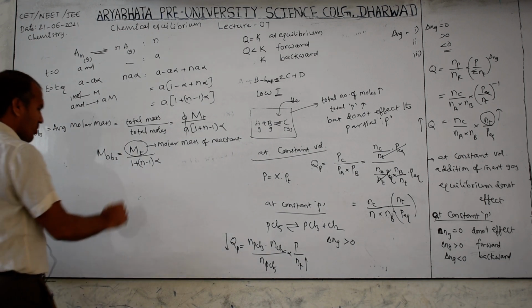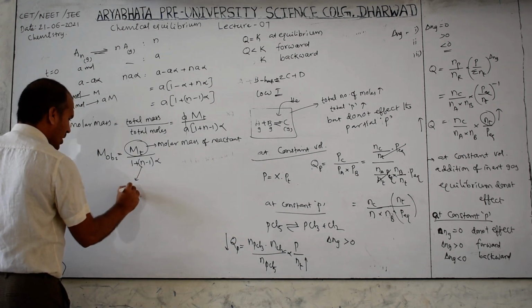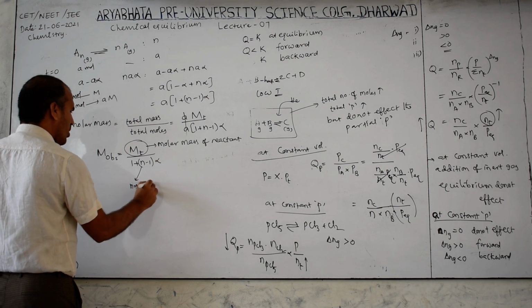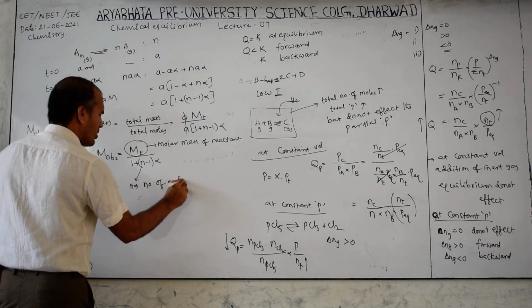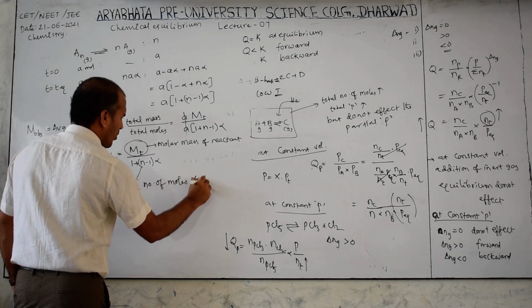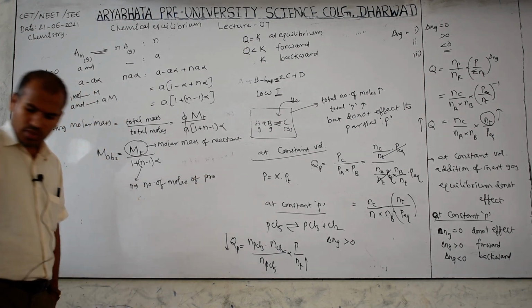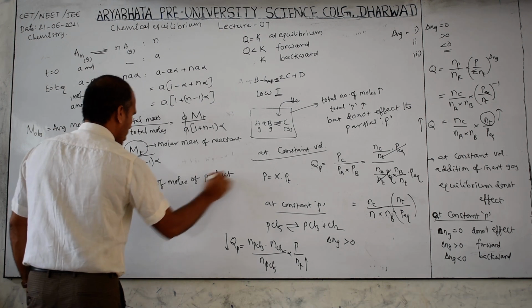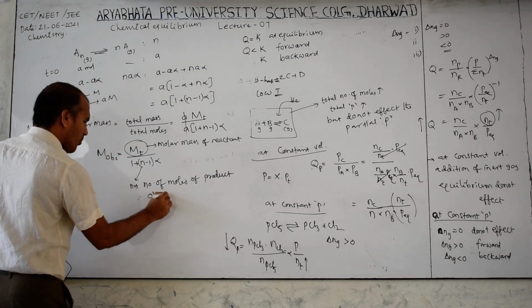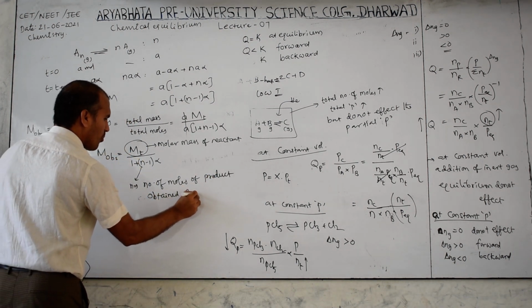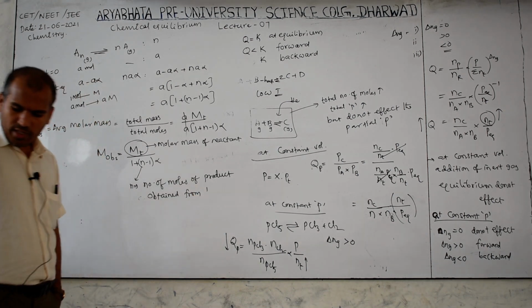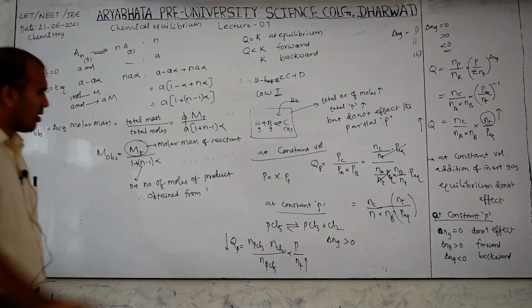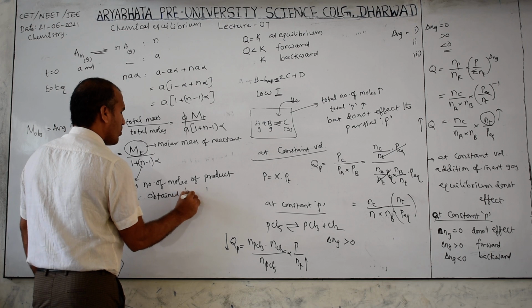And this n is also very important: n is the number of moles of product obtained from 1 mole of reactant.